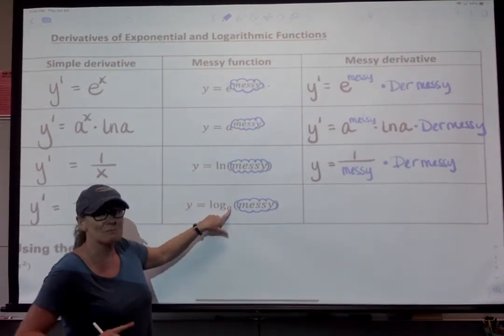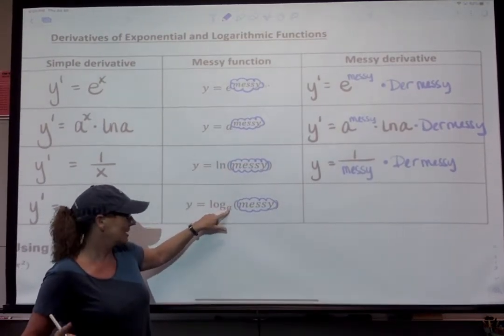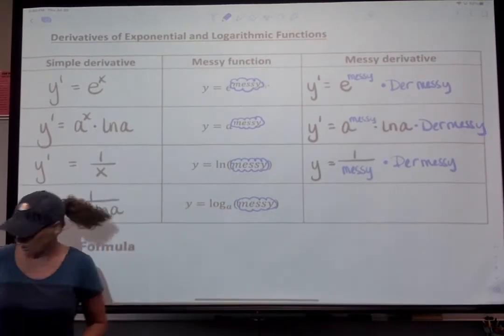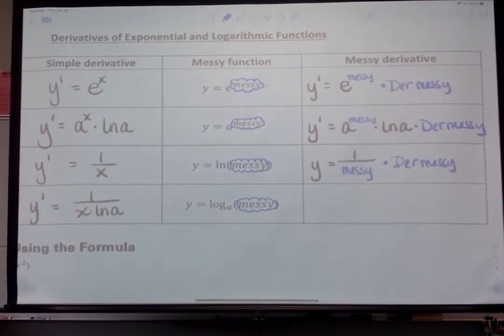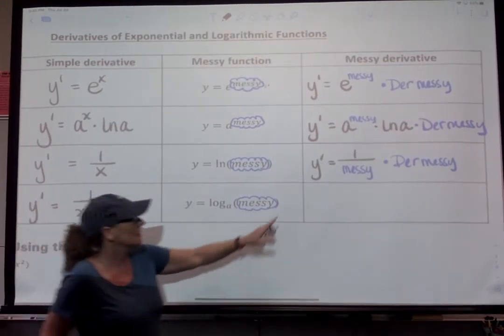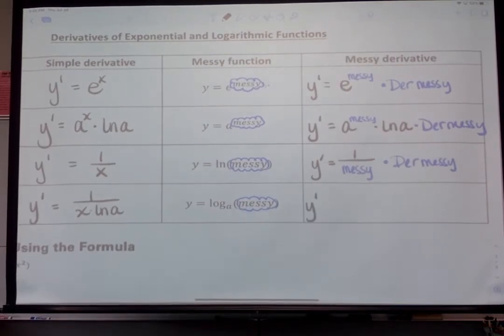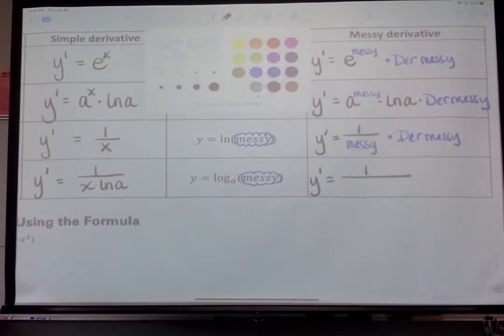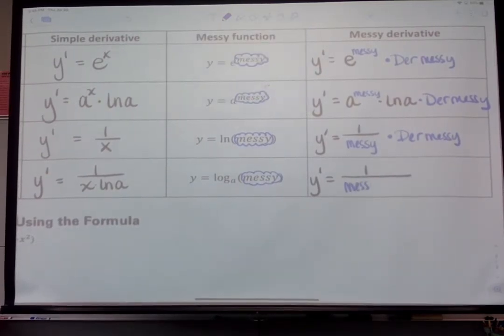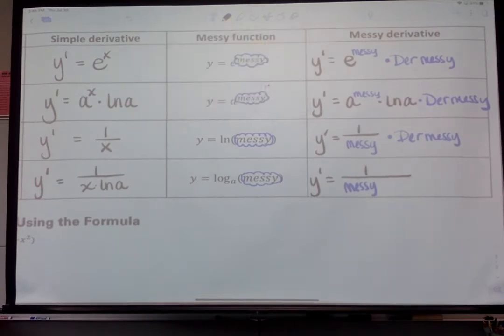If your base is anything besides e, log base 10, log base 2, whatever, your derivative is 1 over the messy times the natural log of a. Remember, a is your base. And then chain rule it, times the derivative of the messy.